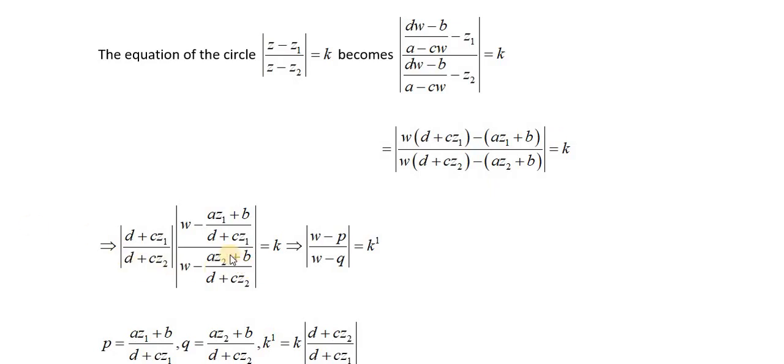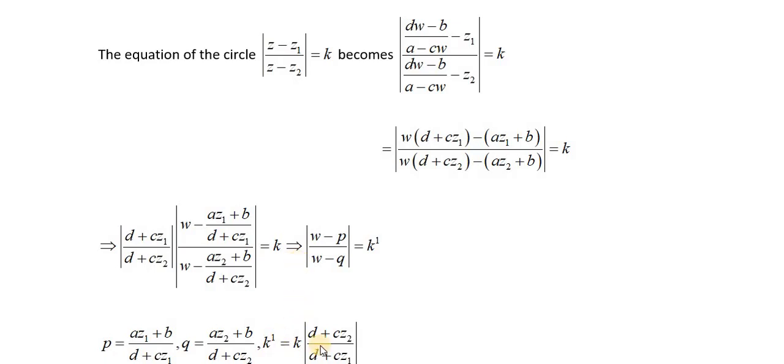Next I am taking this as P, this as Q, and K dash is K into D plus CZ2 by D plus CZ1. Why? Because this fraction goes to this side as reciprocal. You do cross multiplication, then we are going to get LHS as K into this denominator goes to numerator, this numerator goes to denominator.